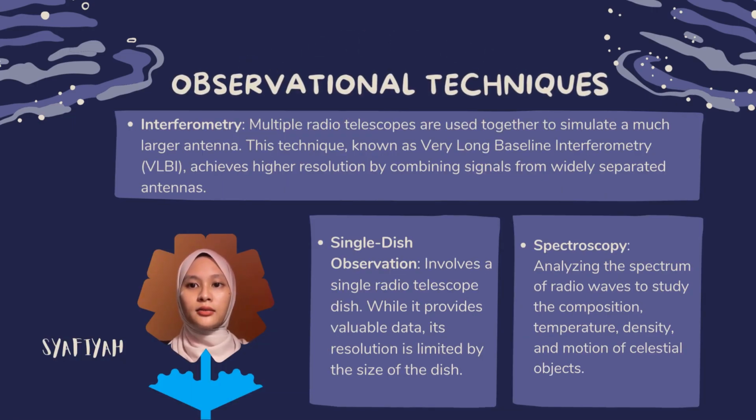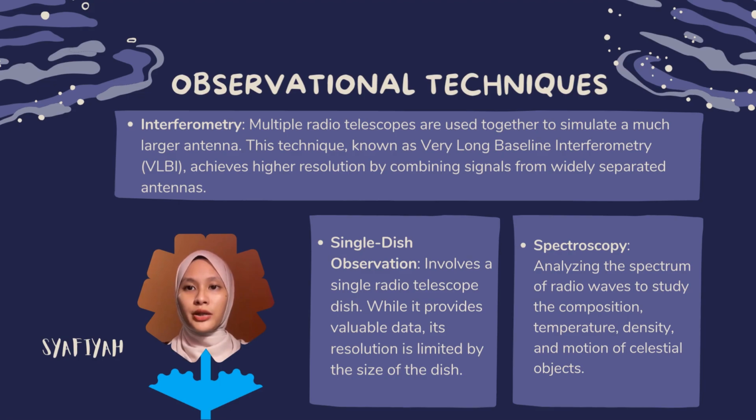Observational techniques. Interferometry: multiple radio telescopes are used together to simulate a much larger antenna. This technique, known as Very Long Baseline Interferometry (VLBI), achieves higher resolution by combining signals from widely separated antennas.